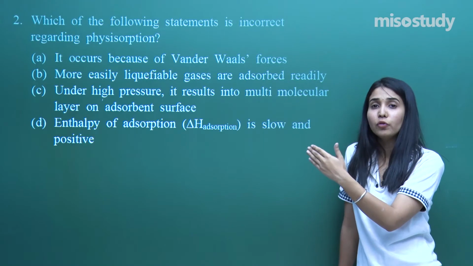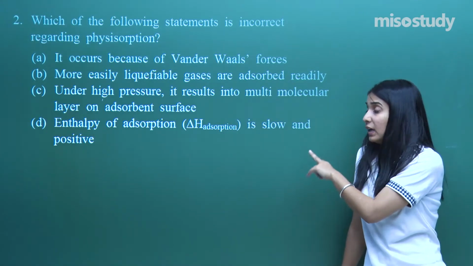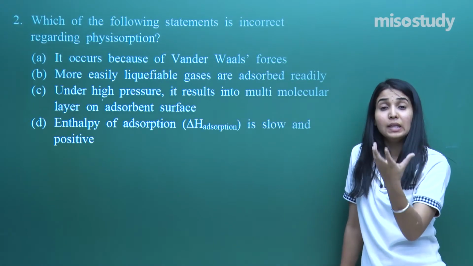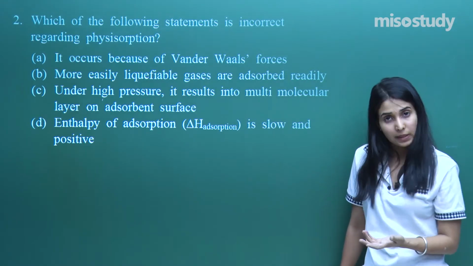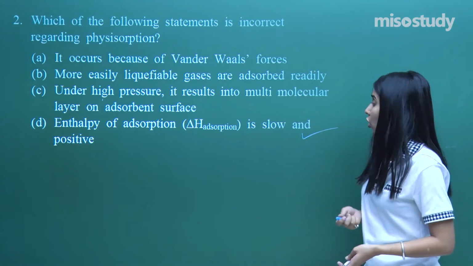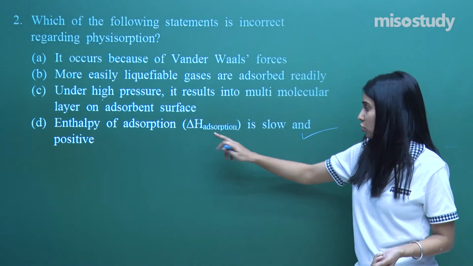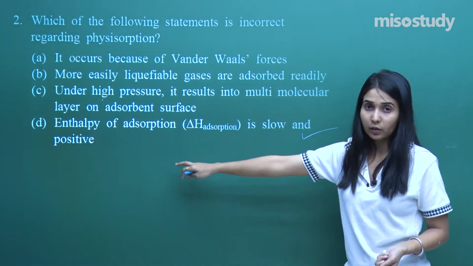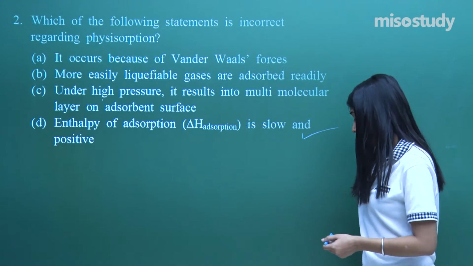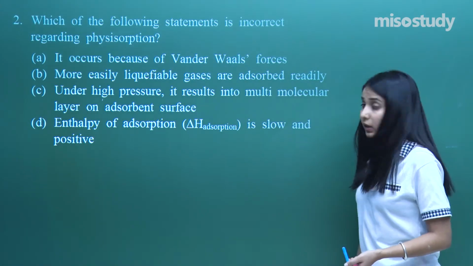If it has to move forward, the enthalpy of adsorption should be low, and it cannot be positive, it should be negative for the process to take place. So what would be my correct option? The incorrect statement that I have to choose would be that enthalpy of adsorption is low and positive, because the correct answer is that it should be a negative value, right? So I can do that.